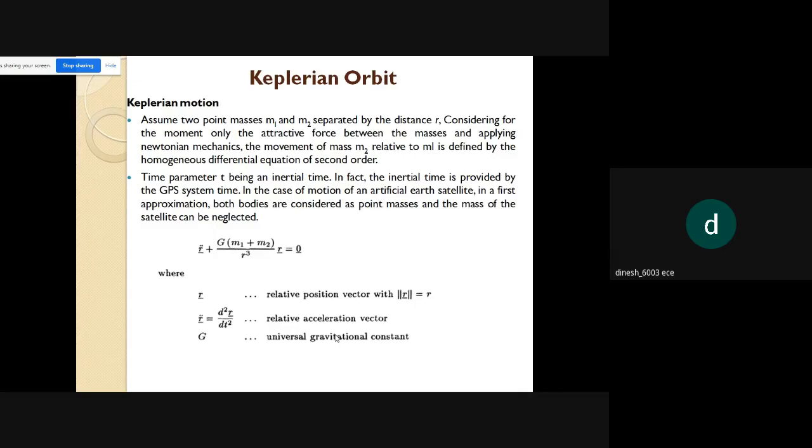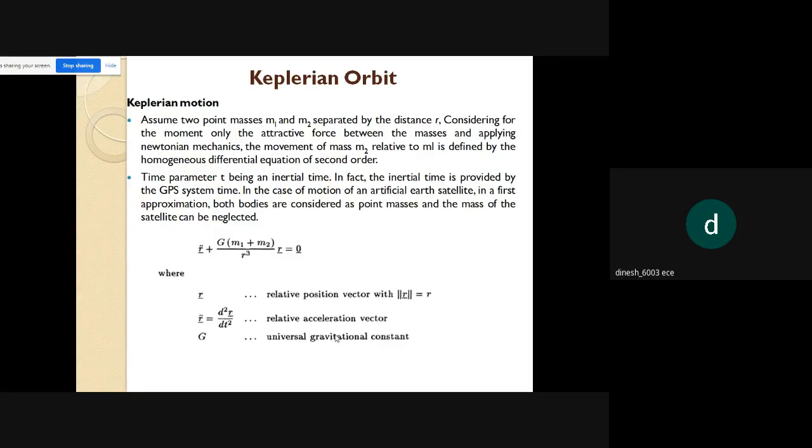Kepler's law states that all the satellites placed above the Earth's surface at a distance of about 36,000 kilometers will follow an elliptical path, such that it reaches the designated space location. That should satisfy Keplerian motion and Keplerian orbits.